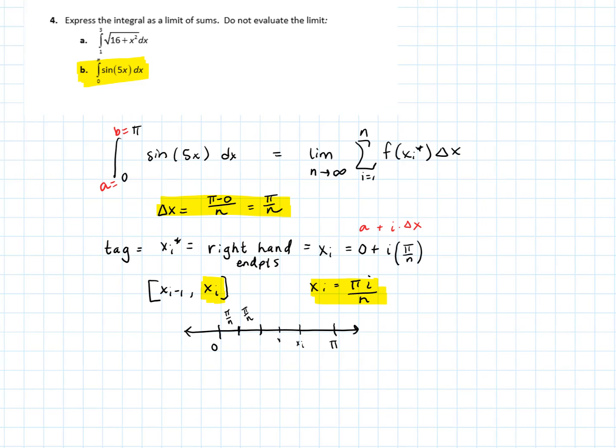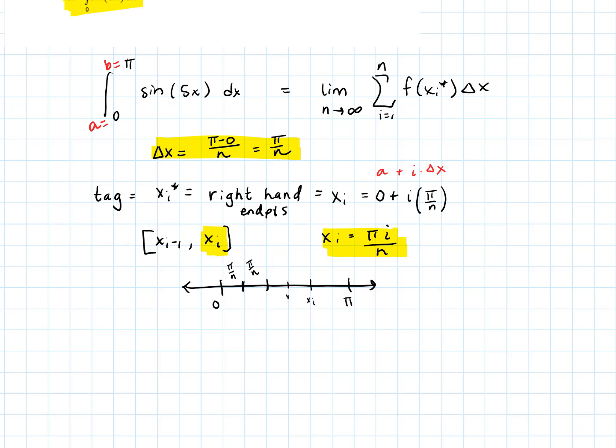Actually, let's come down below so I have a little bit more space. So this integral from 0 to pi of the sine of 5x dx is equal to the limit as n goes to infinity of the sum from i equals 1 to n of f of, remember our x sub i, we're going to actually plug that in now.